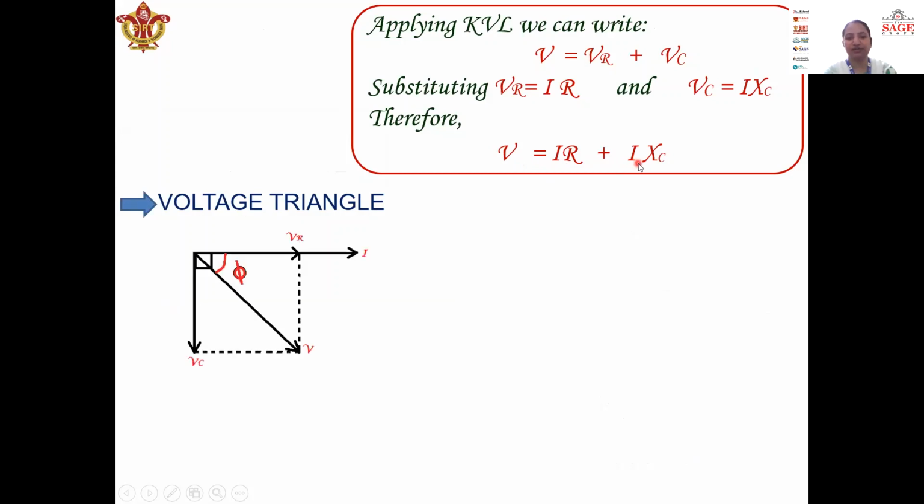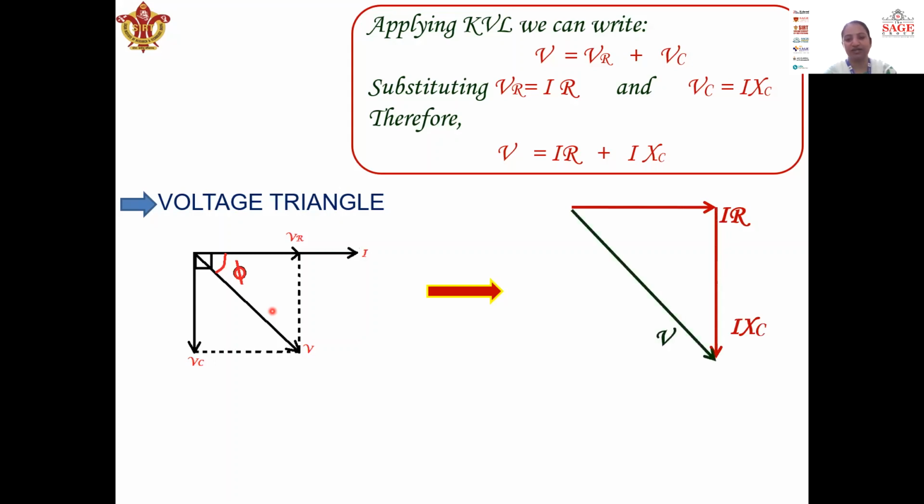Now let's discuss the voltage triangle. If we take the voltage part from the full phasor diagram of the circuit, we will have a voltage triangle like this. IR is VR, IXC is nothing but VC, and the resultant voltage would be drawn like here.